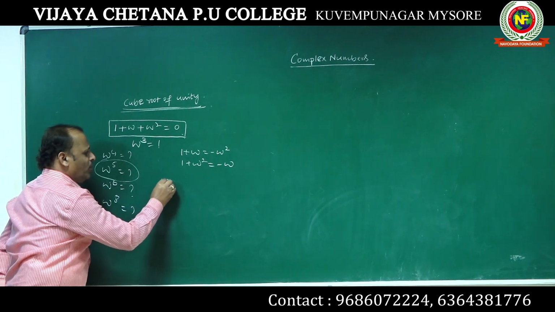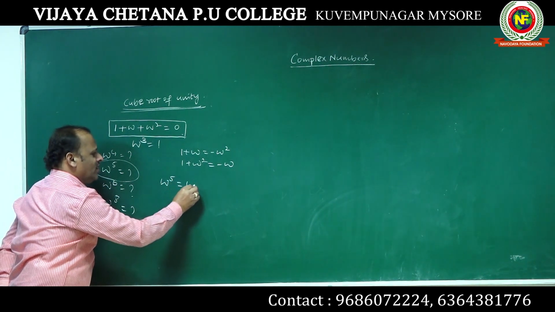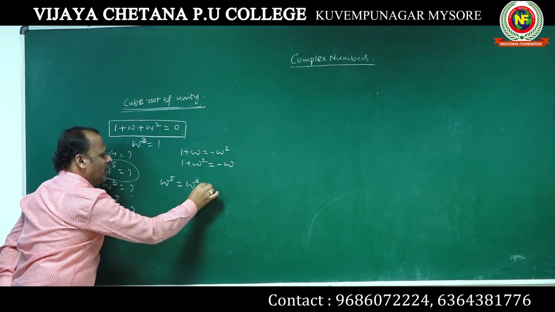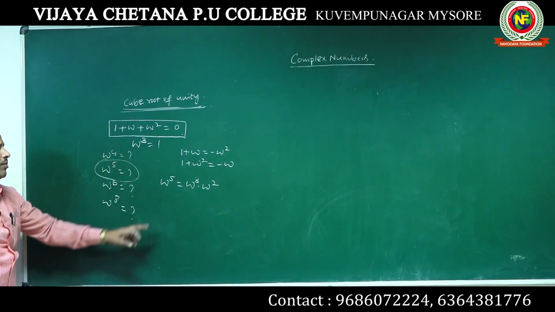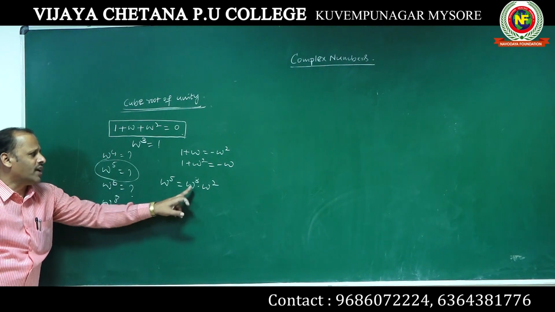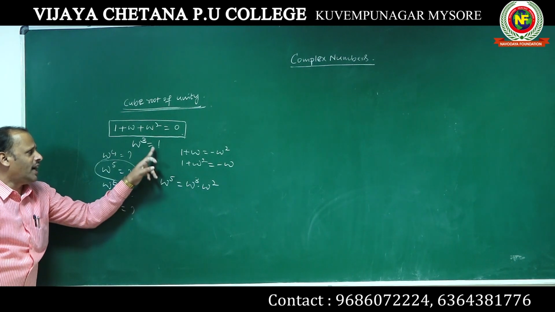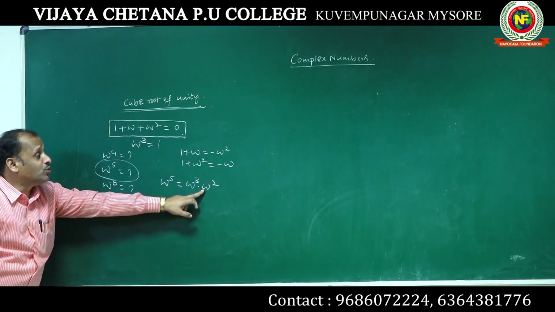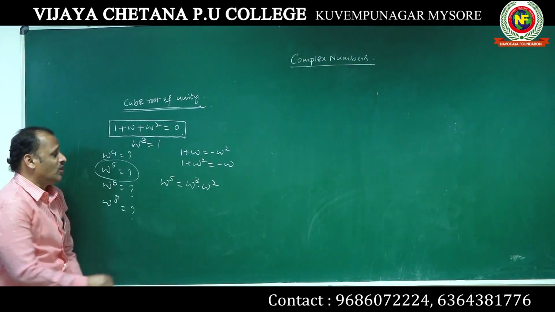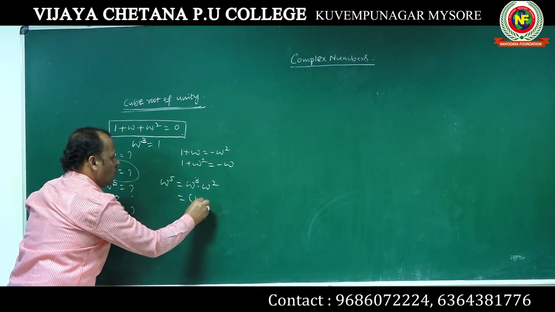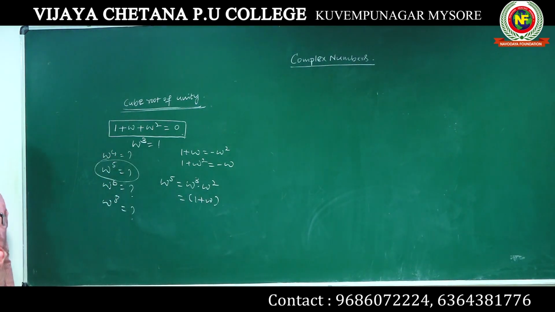Here w to the power 5 is equal to w cube into w square. What is w cube? It is 1. Then what is w square? w square is equal to minus 1 minus w, like this.